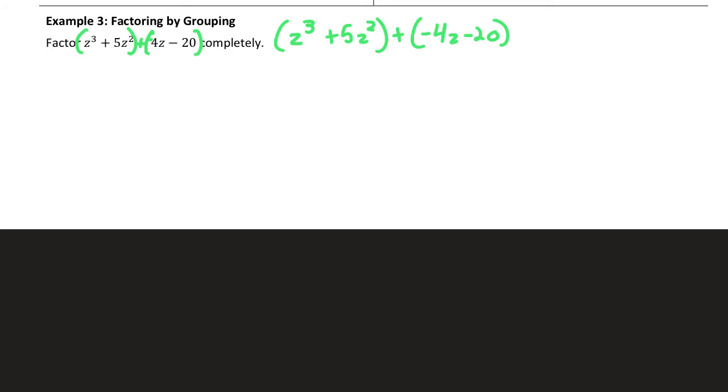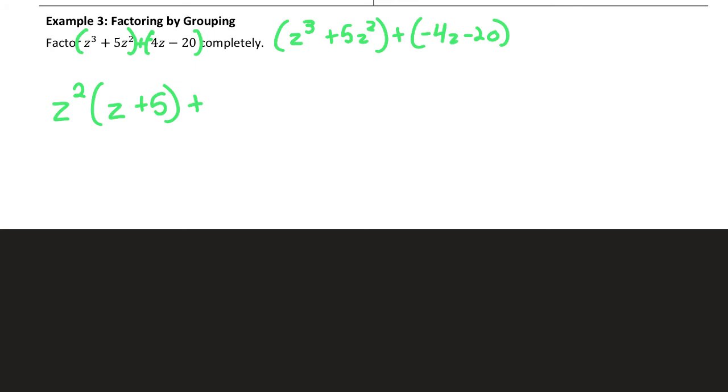And then we factor these each one group at a time. So in the first group, I can factor out z squared. So this becomes z plus 5. Okay, so I factored out that first grouping. In the second grouping, I can factor out 4.